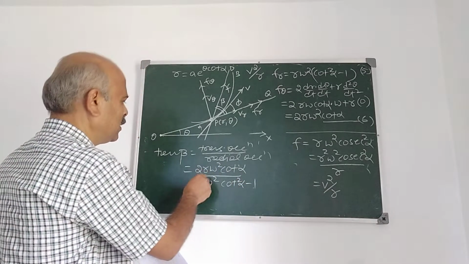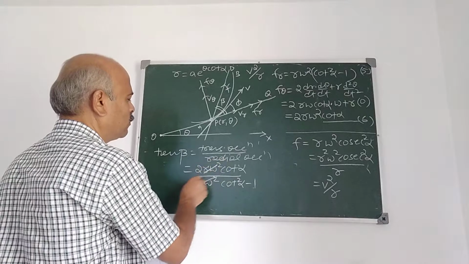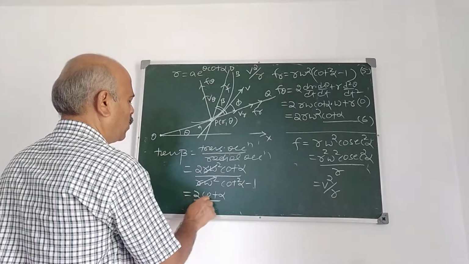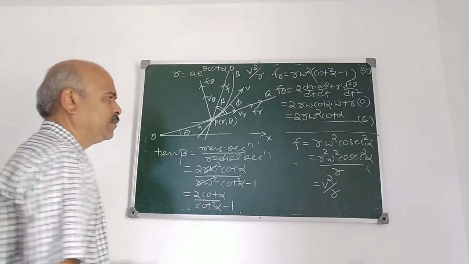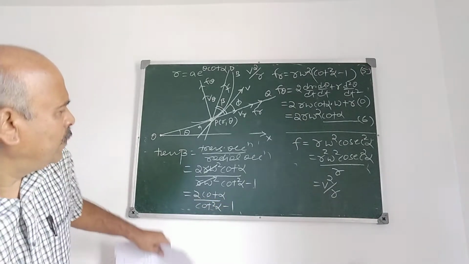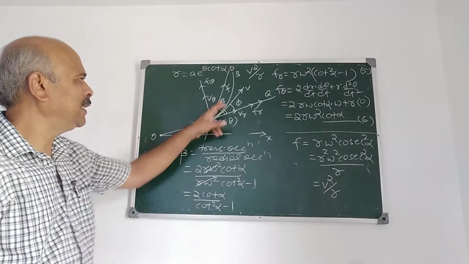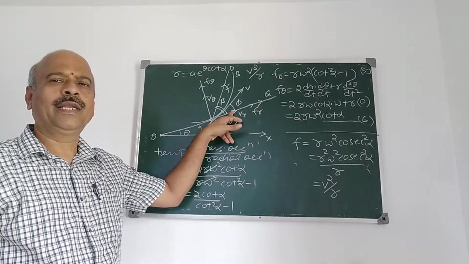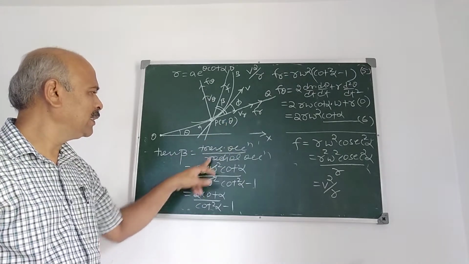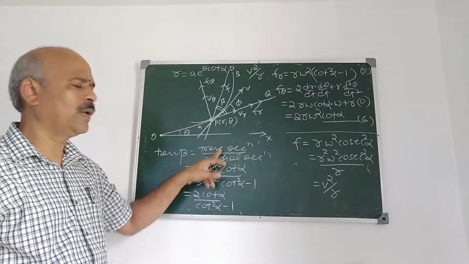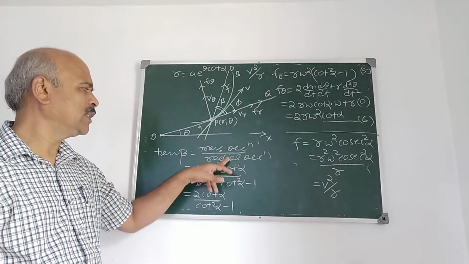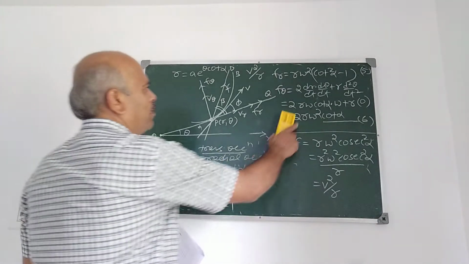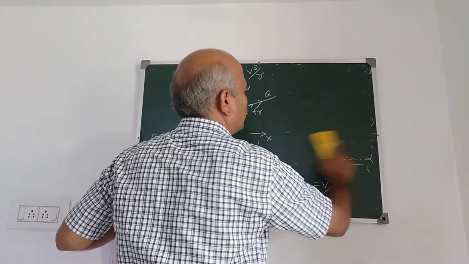Now I simplify this. r omega square cancels. 2 cot alpha upon cot square alpha minus 1. Then tan beta is given by f theta by fr, transverse acceleration upon radial acceleration.